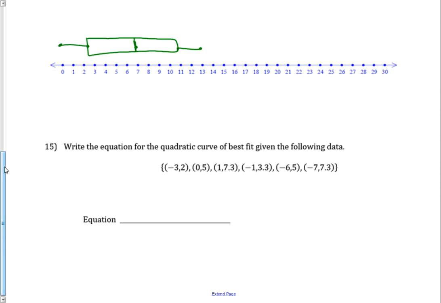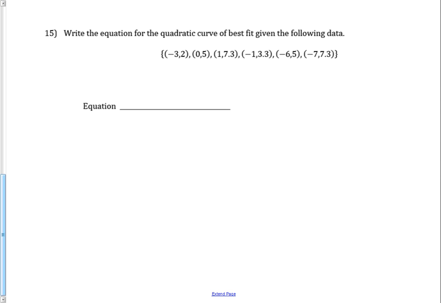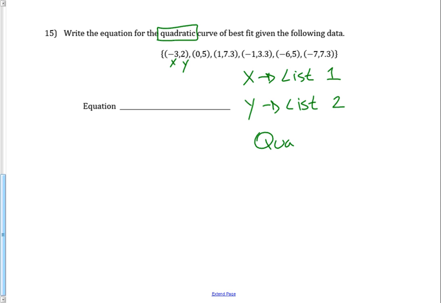Finally, number 15, write the equation for the quadratic curve of best fit. So we've got our x and our y. We want to put all our x values into list 1, all of our y values into list 2. And then we want quadratic, so we're going to run a quad reg, or quadratic regression.